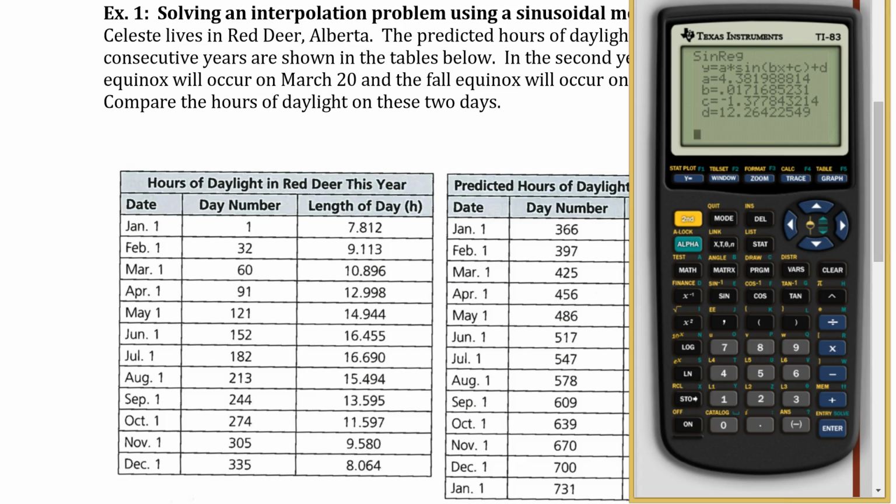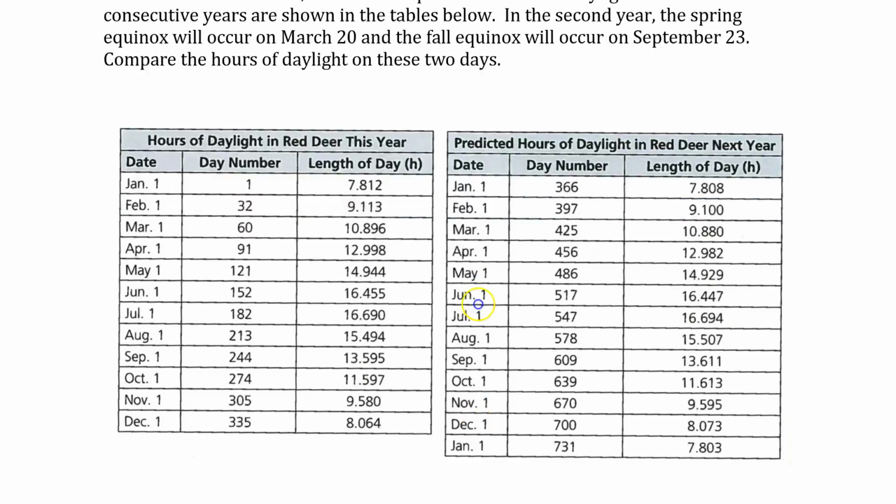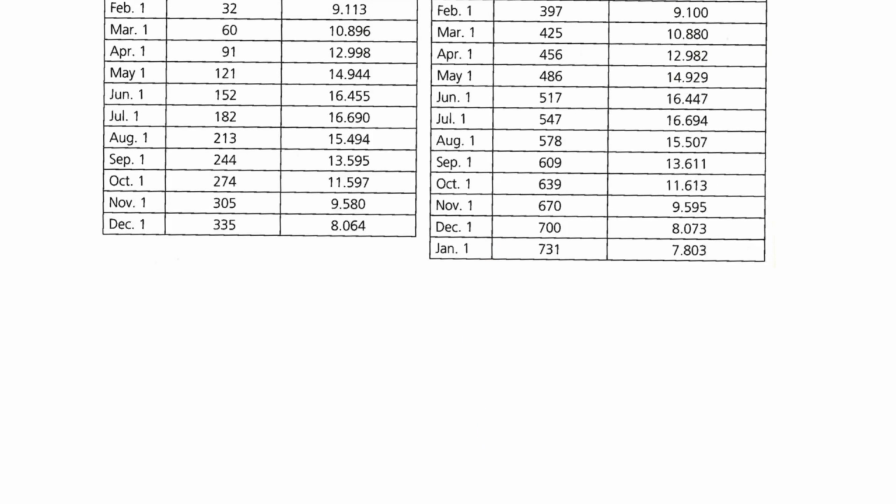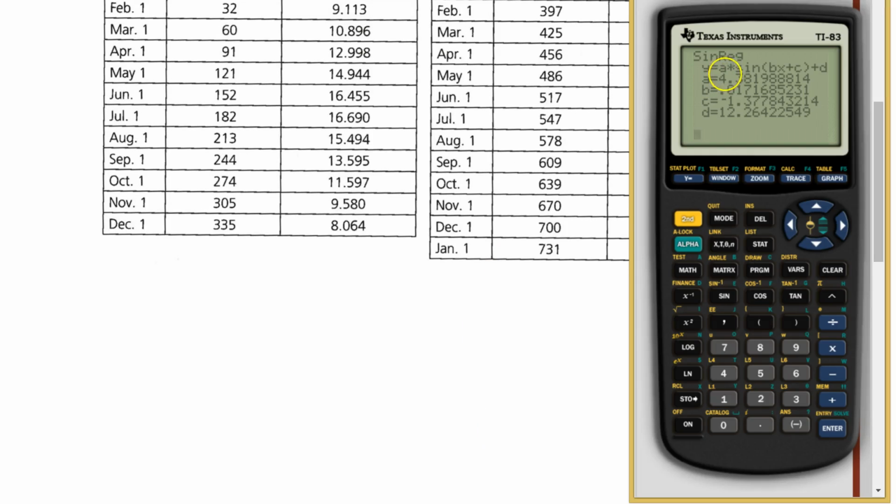Takes a little while. There we go. So when I write down my equation, I'm not going to write y equals a times sine of bx plus c plus d. That's not what we're going to say.